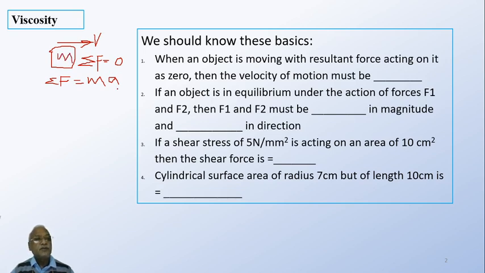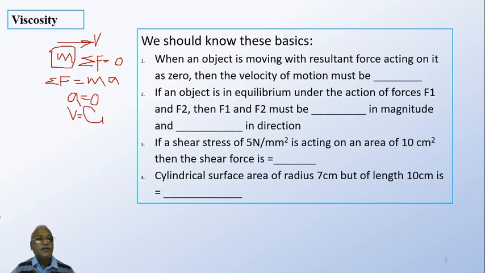So the only thing we can conclude here is acceleration must be equal to 0. If acceleration is 0, then what should happen to v? Therefore, v is a constant.